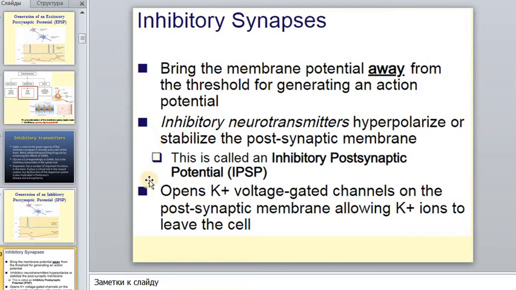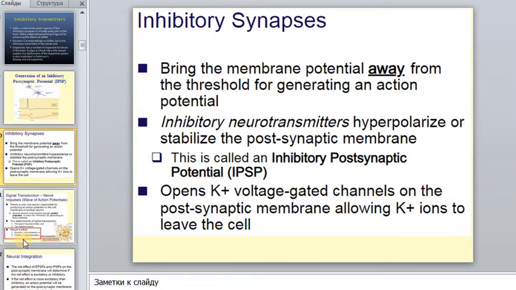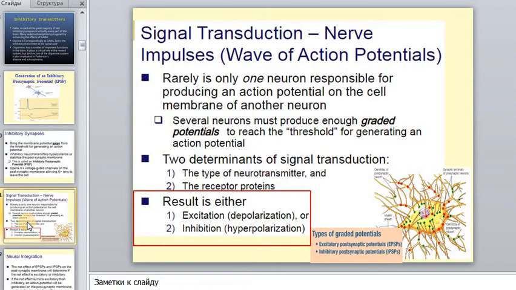This is called an inhibitory postsynaptic potential, and it opens the potassium voltage-gated channels on the postsynaptic membrane and allows potassium ions to leave the cell. This way, signal transduction, nerve impulses and action potentials are affected.